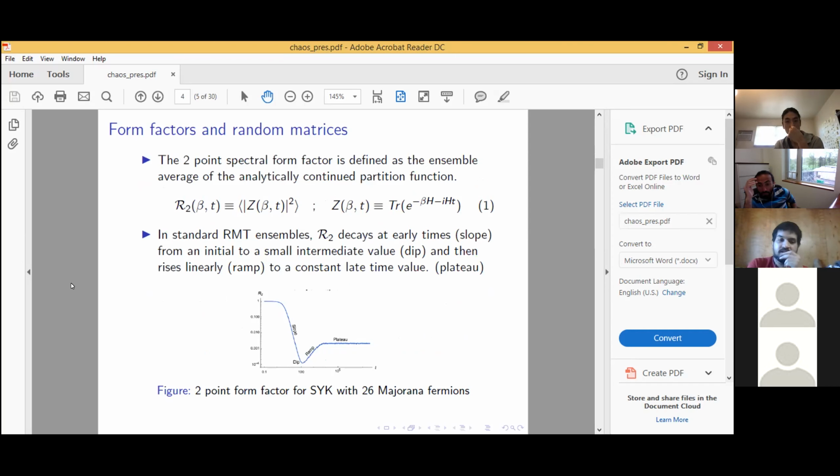In standard random matrix theory ensembles, R2 has very broadly the following structure. It starts off from a certain initial value, decreases, reaches a minimum, then rises and attains a late time constant value. The period in which it is decreasing is called the slope. This minimum here is called the dip. The rise is called the ramp, and the late time constant value is known as the plateau.